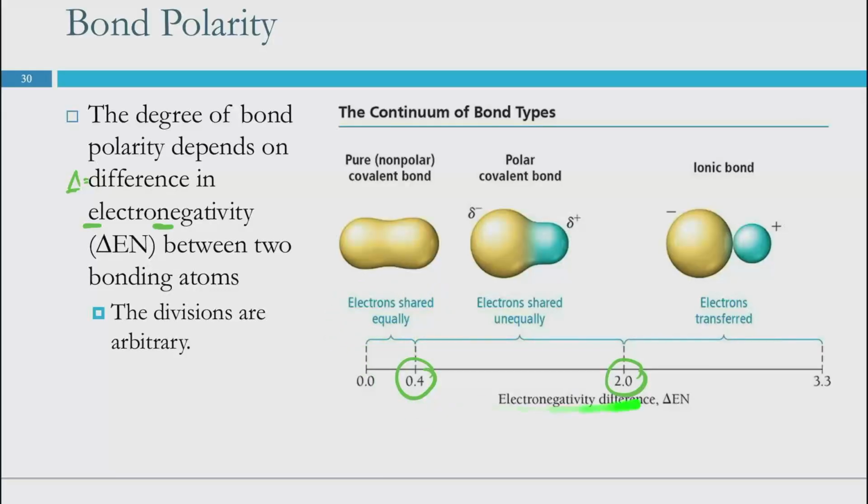If it's between 0.4 and 2.0, the electrons are shared unequally, so that's our polar region. We get a partial negative charge on the thing that's more electronegative, and a partial positive on the thing that's less electronegative. Once we get above 2, we call it an ionic bond, with full electron transfer, negative, positive. The one with the higher value is the one that steals the electrons.